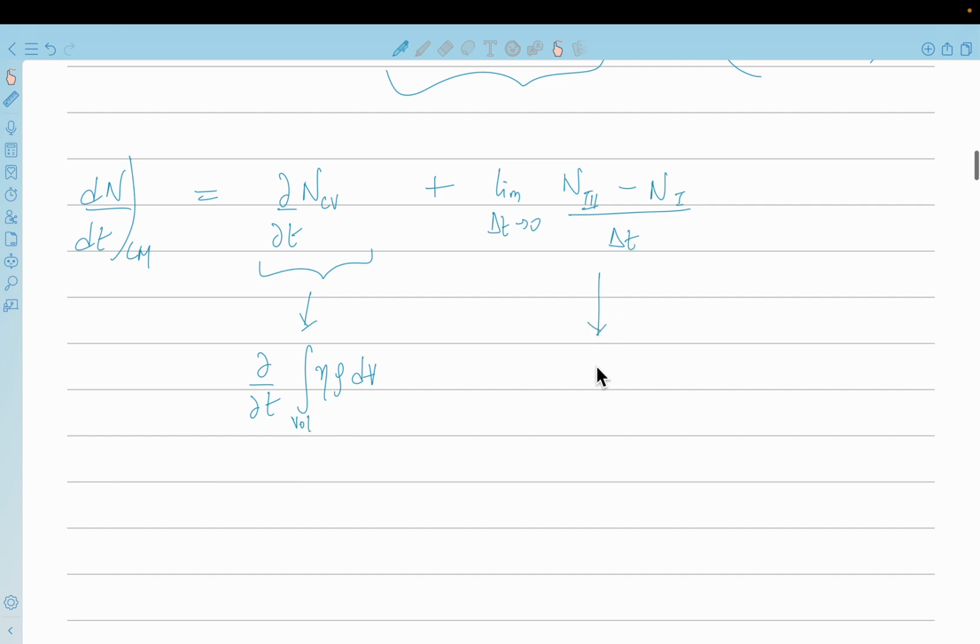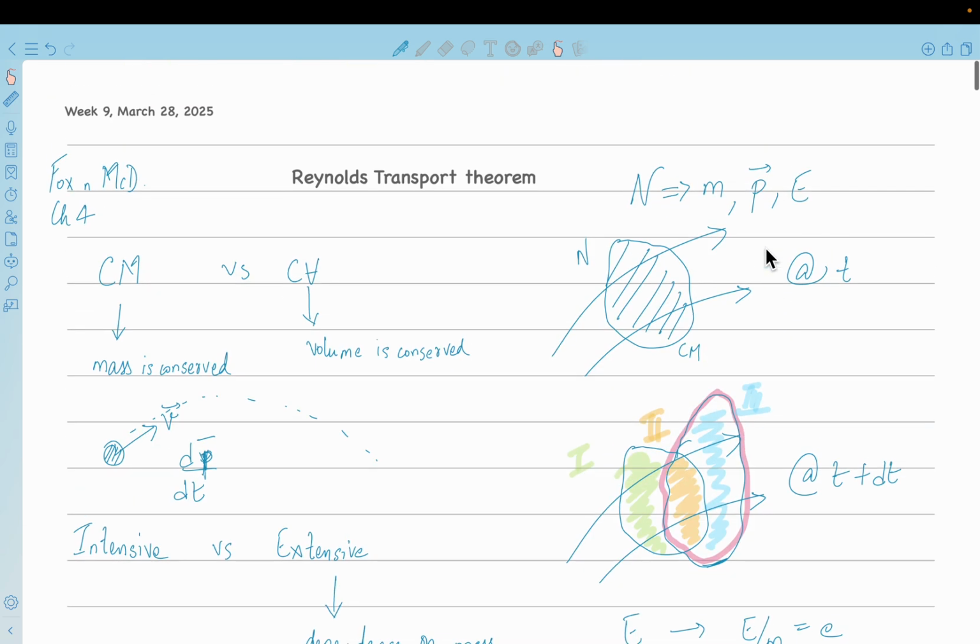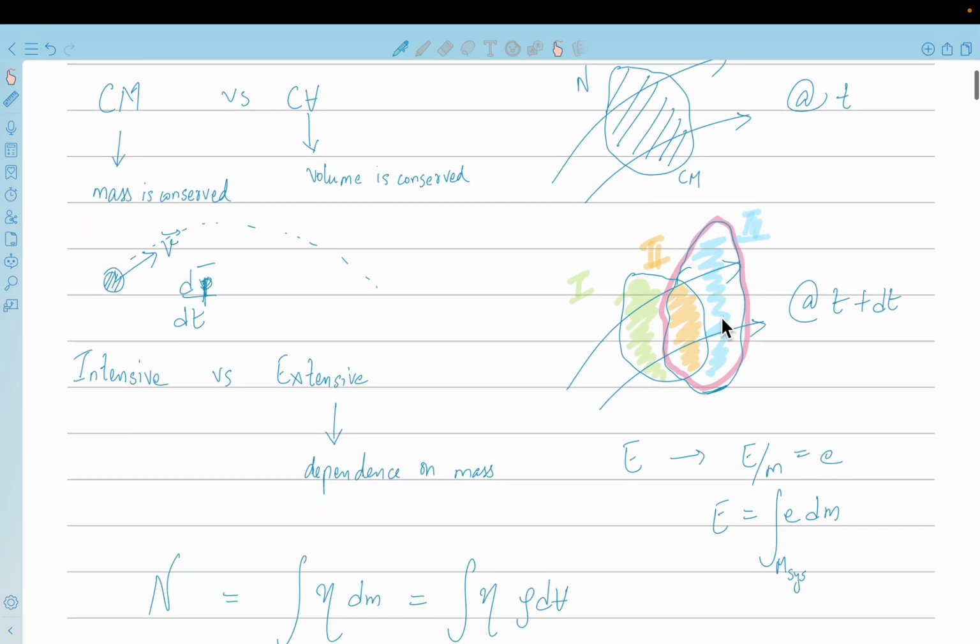Now we have to evaluate these terms. So let's go back. What is N3 actually and what is N1? N1 is where the system was at t. N3 is the new position of the system. So there is a movement from 1 to 3. You can look at it from another perspective.